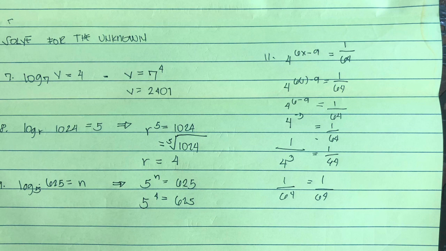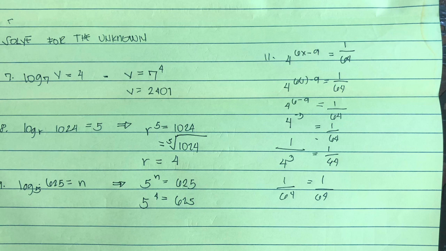Next is solve for the unknown. Number 11, that's 4 raised to the power of 6x minus 9 is equal to 1 over 64. We would need a value to substitute for x to fulfill the equation.